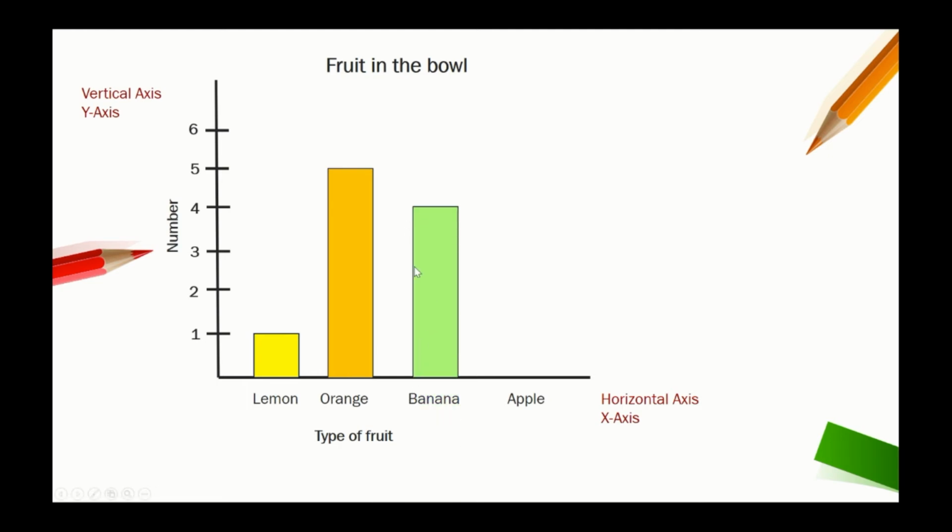And again for bananas, we have 4 bananas in total, so we draw a bar same length bringing us up to number 4. And finally apples, where we had 2 apples and we draw a bar that goes to the same height as the number 2.